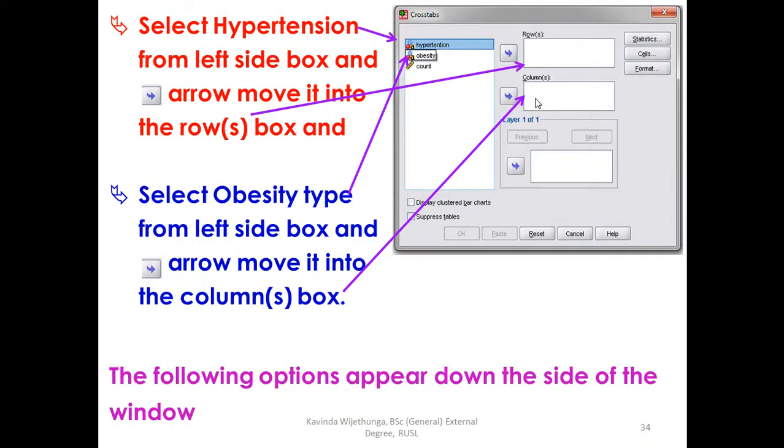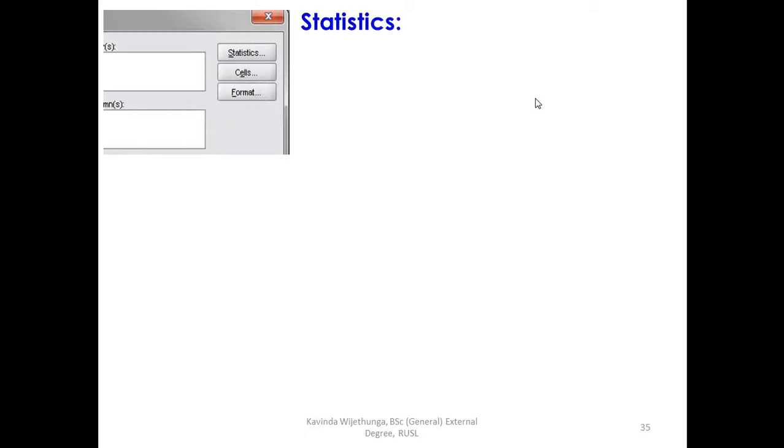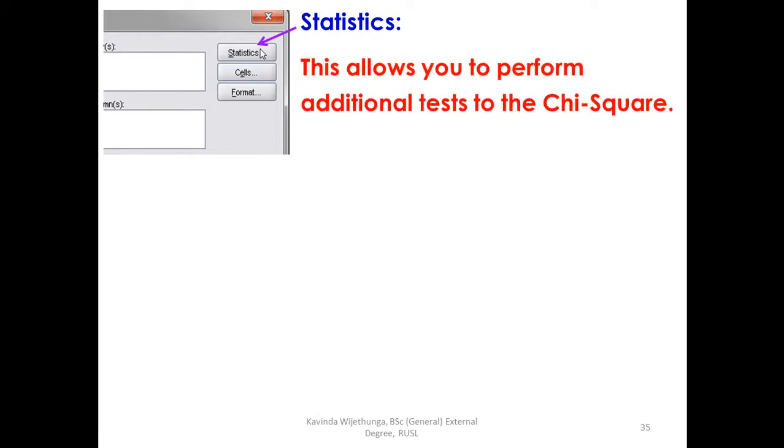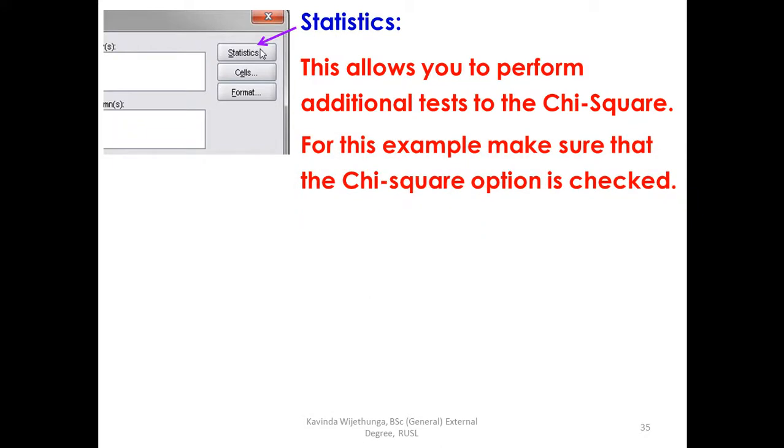Then, from the options at the bottom of the window, select Statistics. This is used to perform the chi-square test. Make sure the chi-square option is checked, then go to Cells.